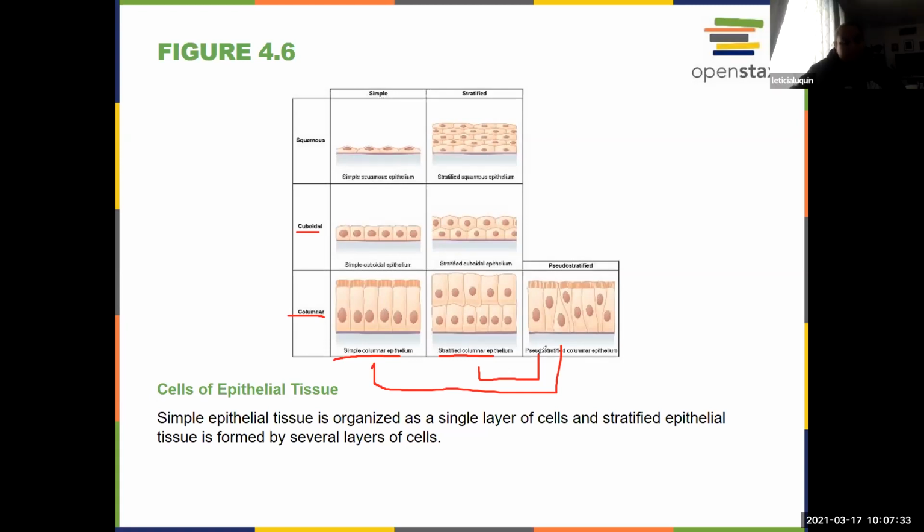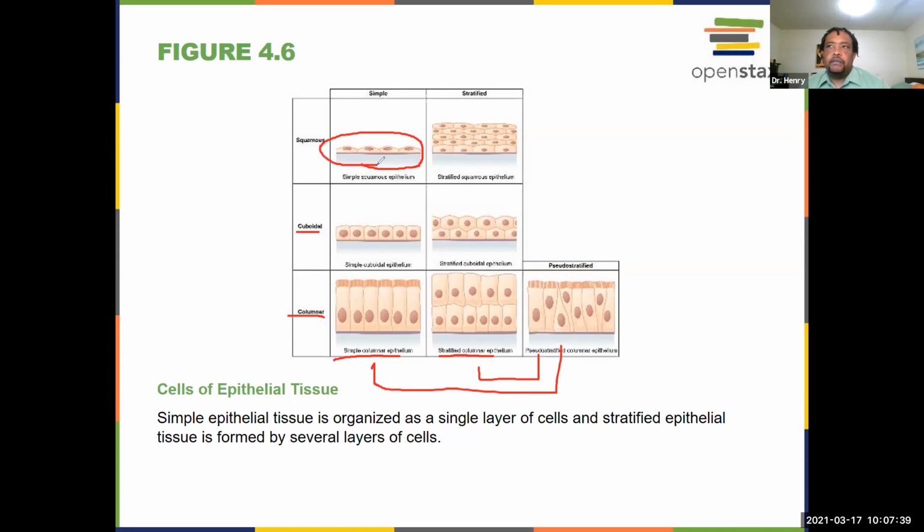Between which two, Dr. Henry? Sorry. Like these guys. So I have these cells under certain circumstances, and then I have these cells under other certain circumstances. Like for instance, these guys here are found in our small intestines.